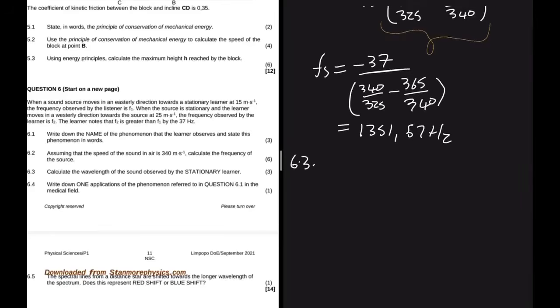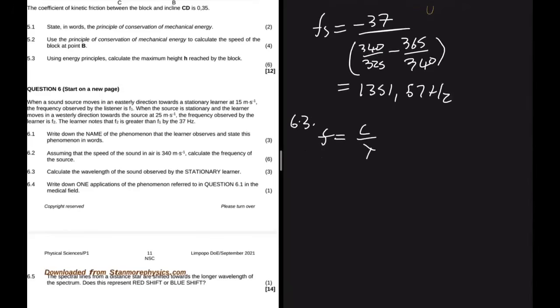So let's do 6.3. 6.3 says calculate the wavelength of the sound observed by the stationary learner. So we know that frequency equals speed divided by wavelength. If we make the wavelength the subject of the formula, because it's what we want, we get wavelength equals the speed divided by the frequency.